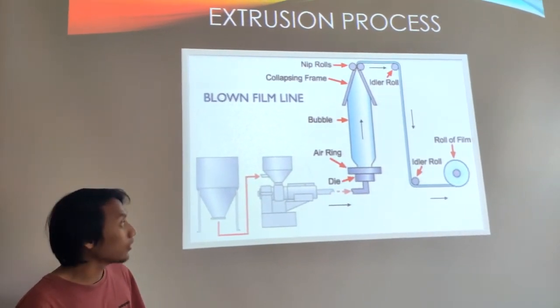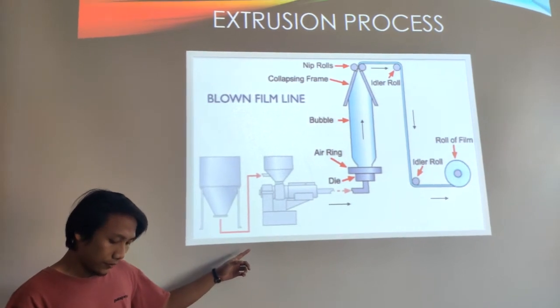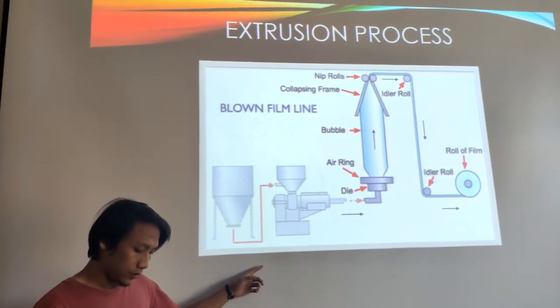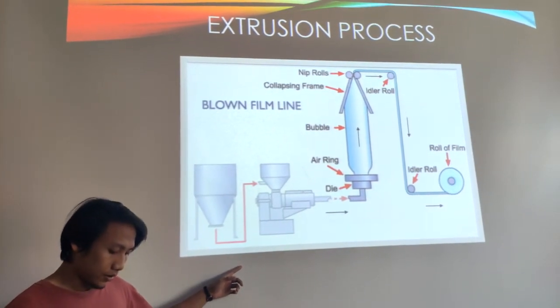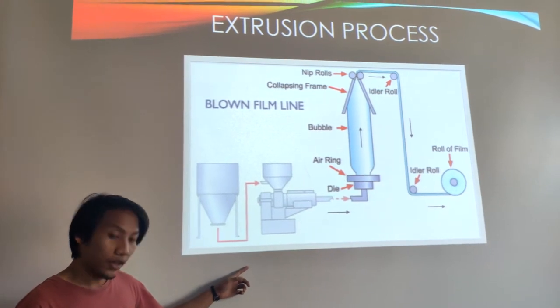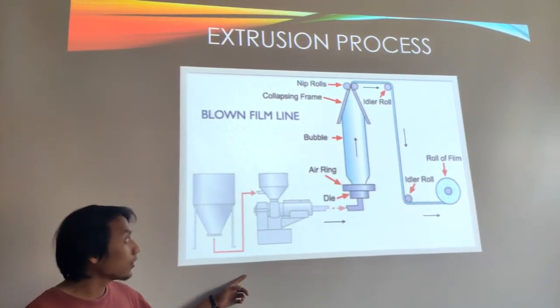So next, the thickness of the film is controlled by the speed at which it is pulled from the die. The width of the film is controlled by the amount of air inserted in the bubble.